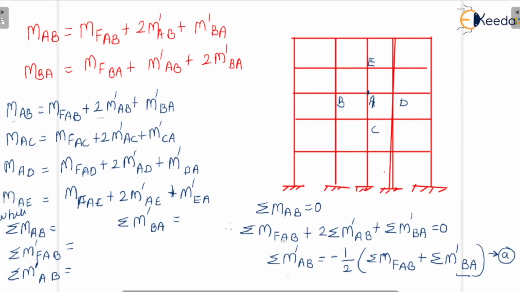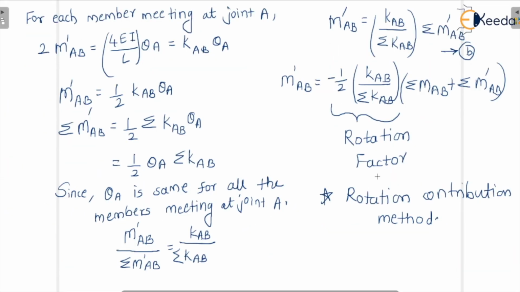So to calculate the rotation contribution, if we see this particular equation, the last equation, we require the far end contributions, which we are not doing actually. So we assume them as 0 and we calculate the near end contribution using this particular equation.